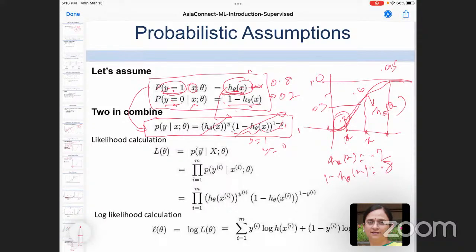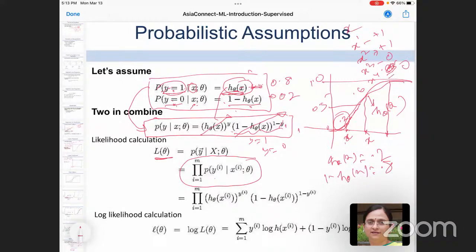Why do we use this formulation? We need some kind of cost function to optimize. This is what we call L theta, the likelihood. Likelihood means we have to find a theta for which this probability becomes maximum. What is this probability? Just the product of all the probabilities. For example, you have labeled data: example 1 has +1, example 2 has +1, example 3 has 0, example 4 has 0.